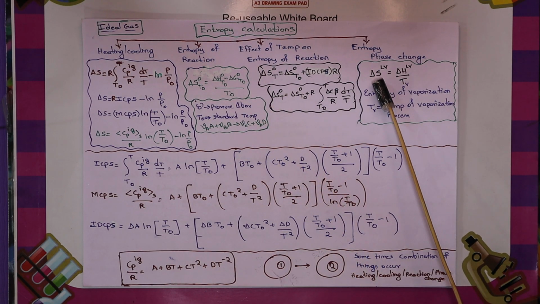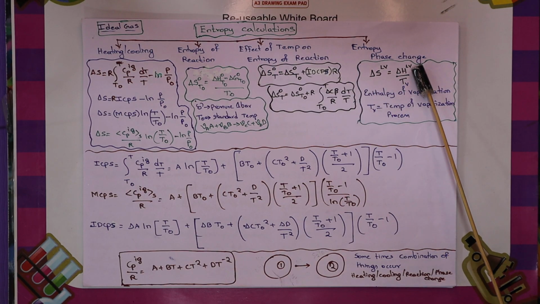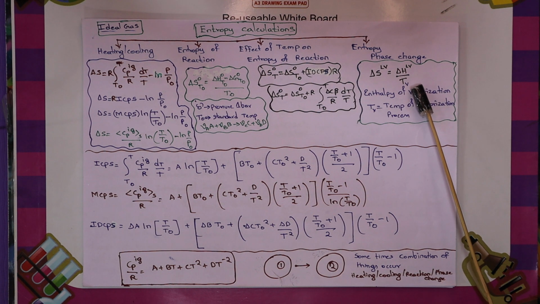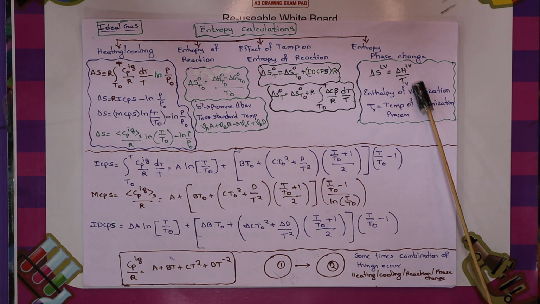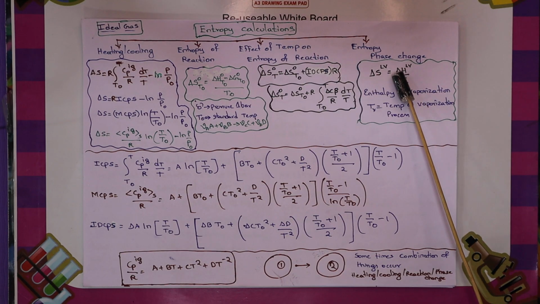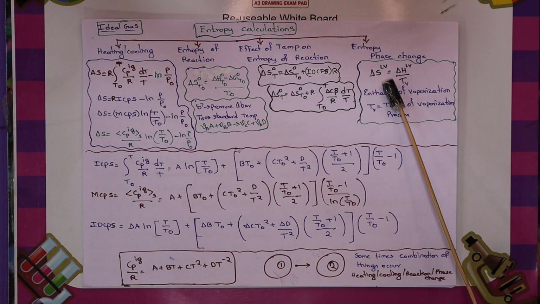Finally, you can find the change in entropy during phase change using the change in enthalpy from liquid to vapor divided by the temperature at which the vaporization or condensation takes place. If you start heating water, at 100 degrees centigrade it will evaporate at 1 atmosphere.